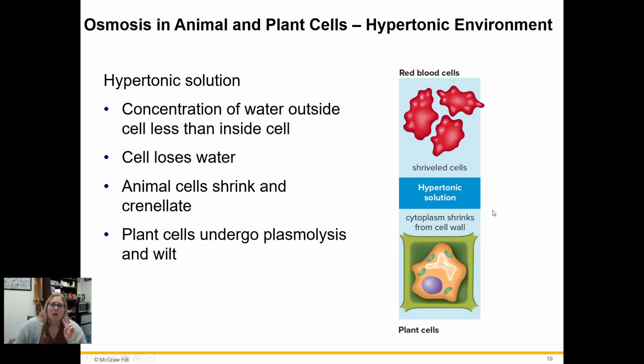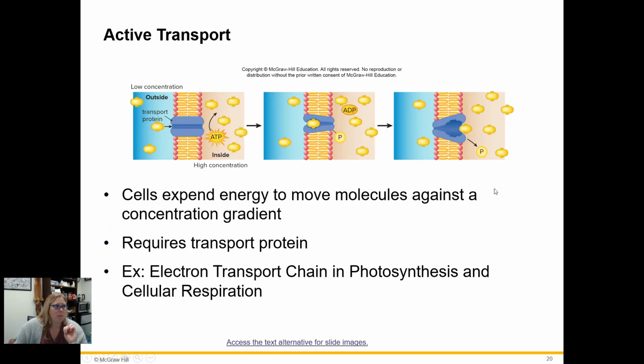Okay? Two more kinds of transport I want to talk about: active transport and bulk transport. Active transport is something that we're going to see with both photosynthesis and cellular respiration. The cell needs to use energy to move molecules against a concentration gradient.